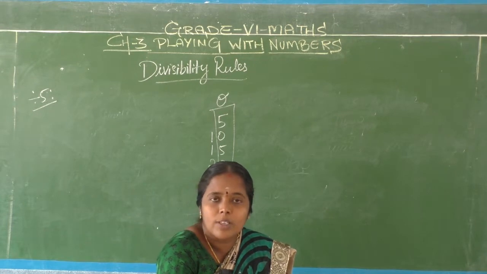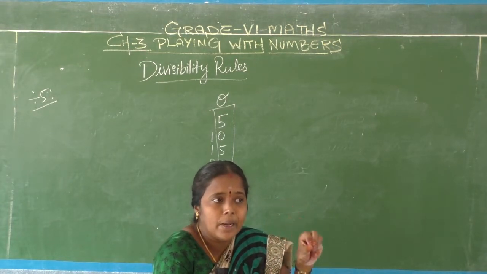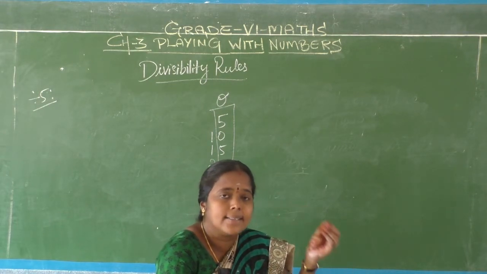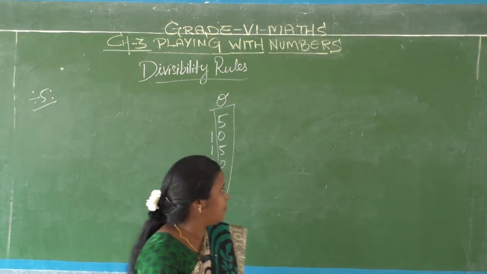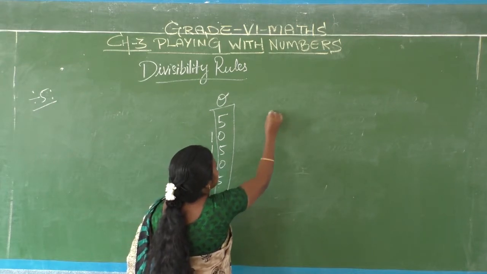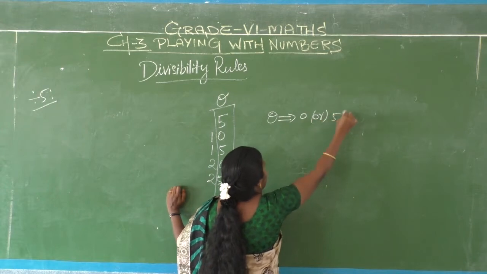What is the rule of divisibility by 5, children? If a number has in its ones place either 0 or 5, then it is divisible by 5. Ones place must have 0 or 5. Keep it in mind.